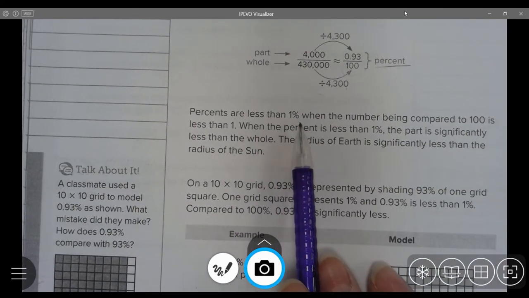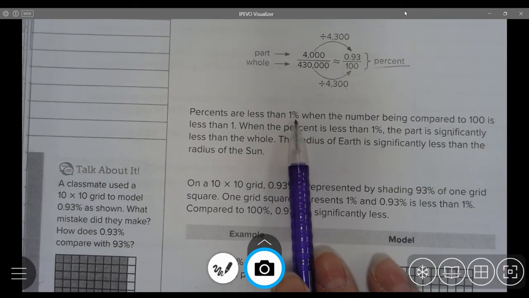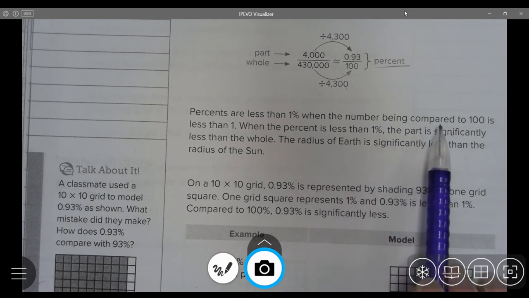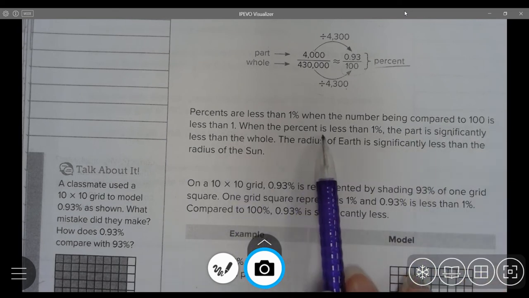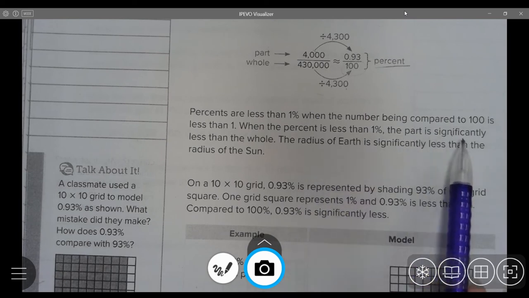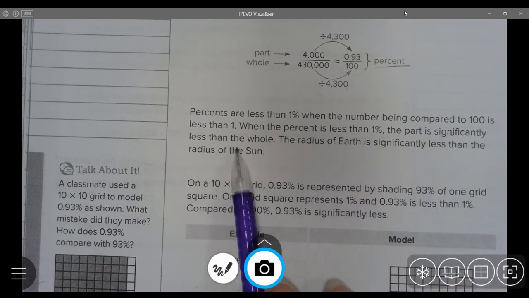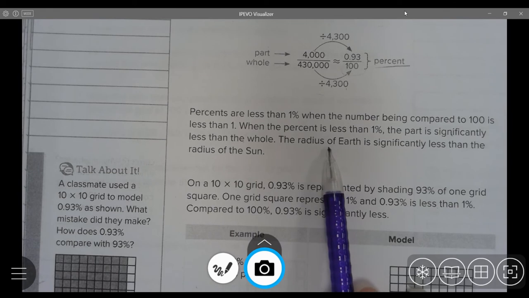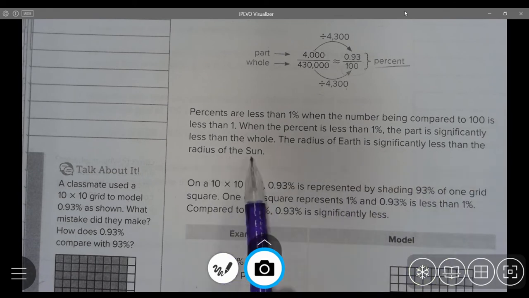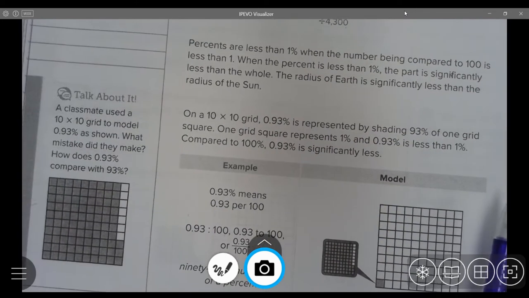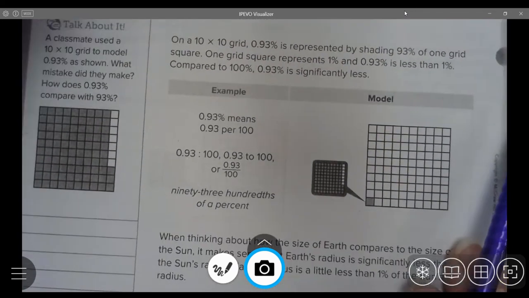Percents are less than 1% when the number being compared to 100 is less than 1. When the percent is less than 1, the part is significantly less than the whole. The radius of the Earth is significantly less than the radius of the Sun. Continuing on.